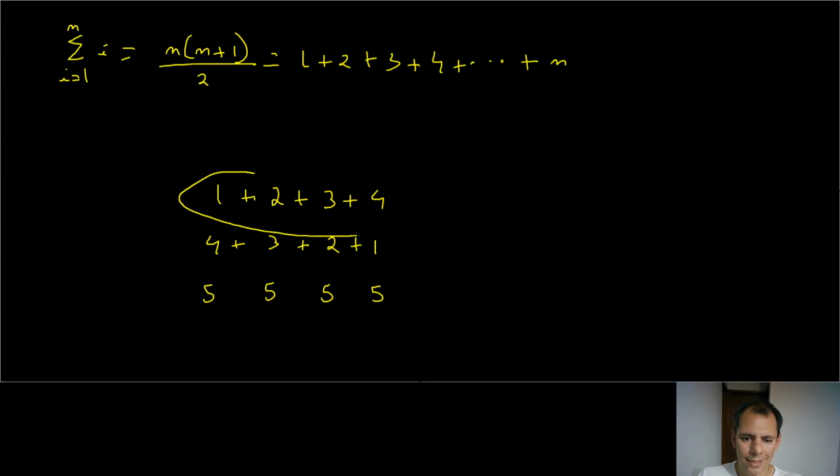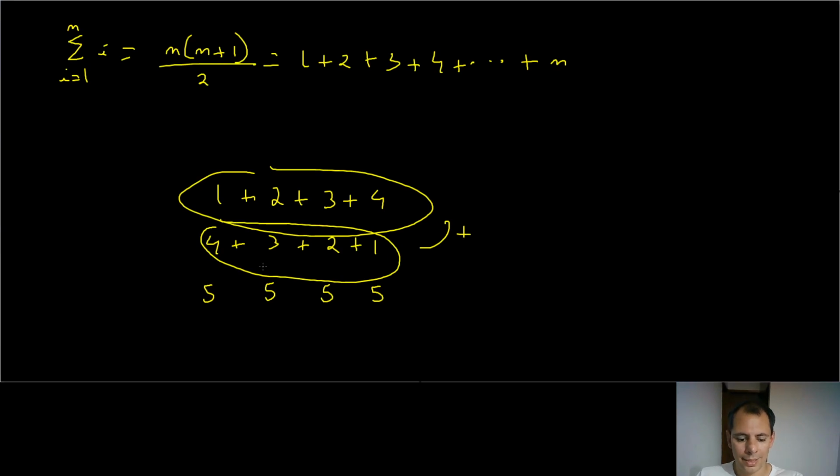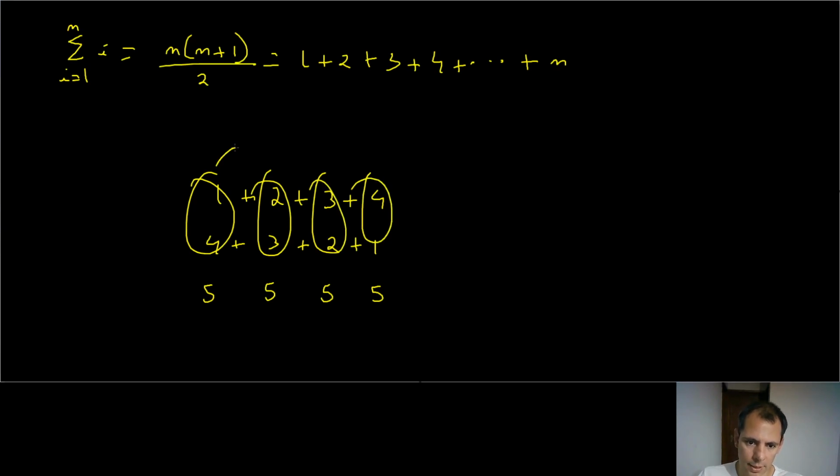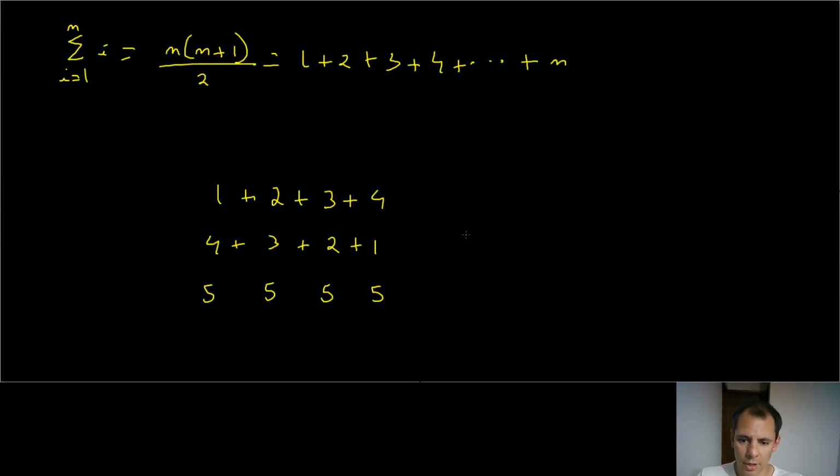So adding the two sequences is the same thing, guys, as adding this 1 plus this 1 plus this 1 plus this 1, and then adding them together. You're adding everything. So you can see that it's 5, 5, 5, 5. What is n? n is 4.